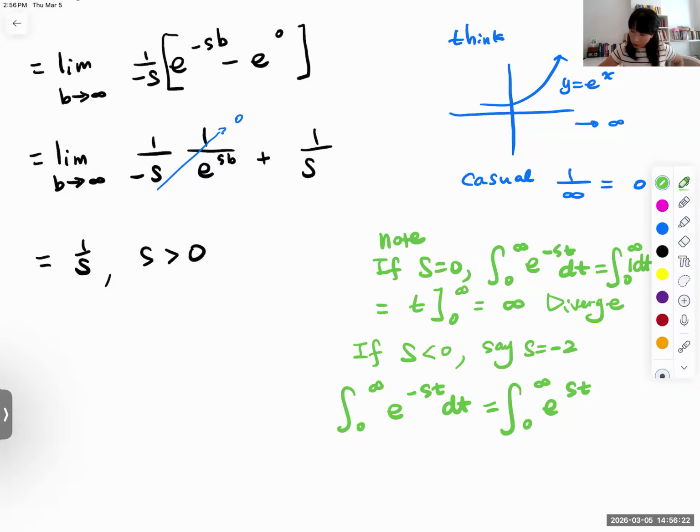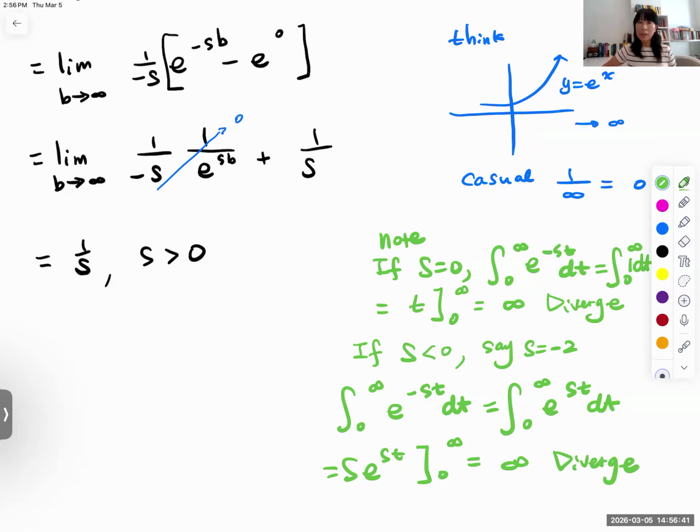Then e to the st from 0 to infinity gives positive infinity as well, which is divergent.